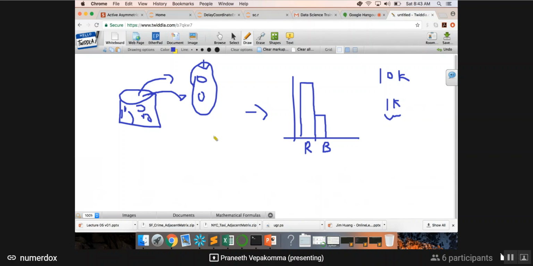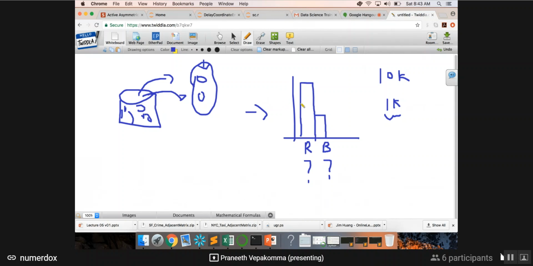Now what bootstrapping does is go one step ahead. Say you want to compute some statistics or answers out of your original population. In this situation, one thing you want to know is the proportion of red balls and the proportion of blue balls. Is it 0.7, 0.3, or is it 0.5, 0.5?